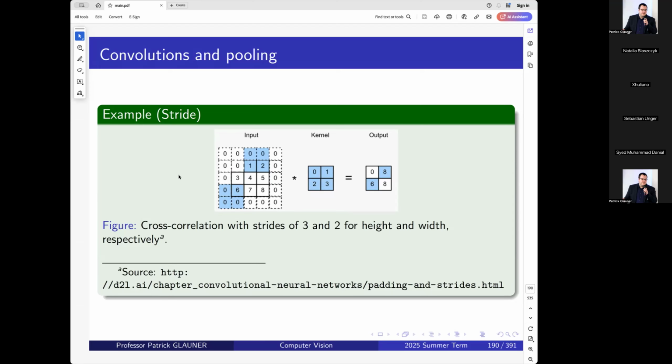But I can also set a hyperparameter, which is the stride in X and Y, for height and width. That means how I shift that kernel around. Do I shift it one by one? Does it make bigger jumps? This is something I can customize as well. If I make bigger jumps, values bigger than 1, the output will also shrink.